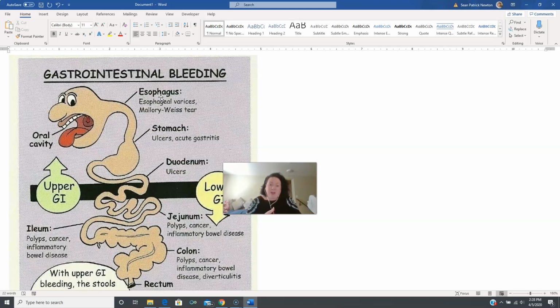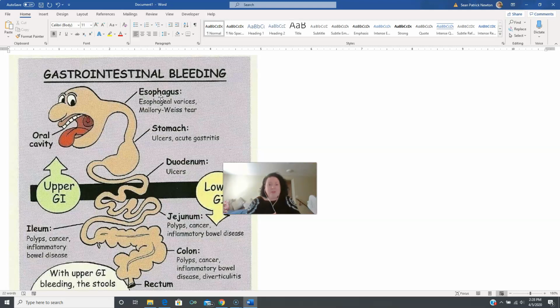So if you have alcoholism and a lot of disease in the liver, there's a lot of hypertension in the portal veins and all the portal circulation. Portal is liver. So all of that backup of blood outpouches into the esophagus and causes these varices.